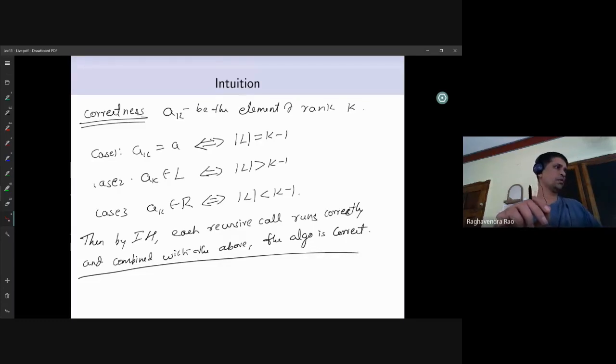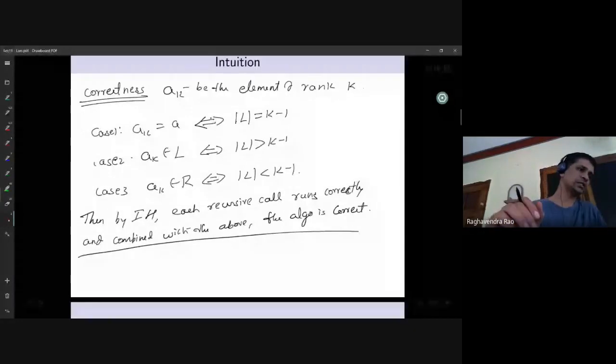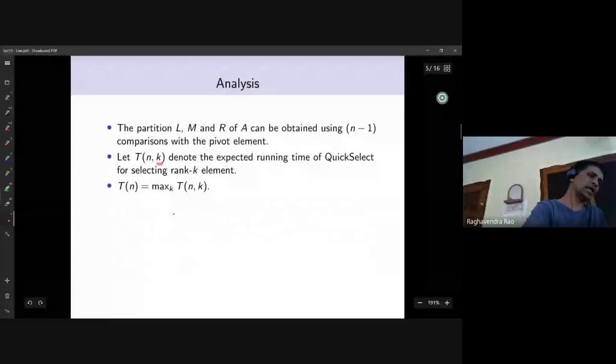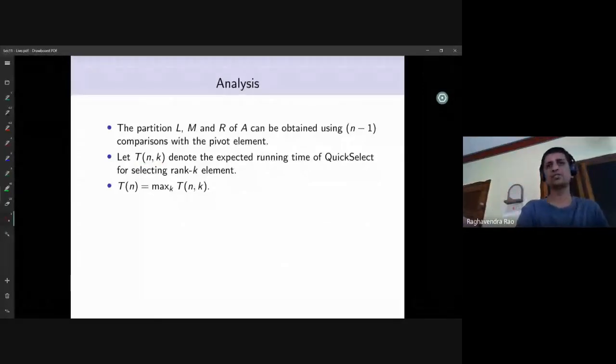So now we are going to do the runtime analysis for the algorithm. Let's just revisit the notation. Let T(n,k) denote the expected running time of quick select. Remember that it's a randomized algorithm, hence we can only talk about expectation.